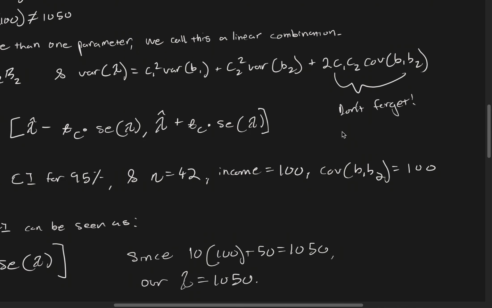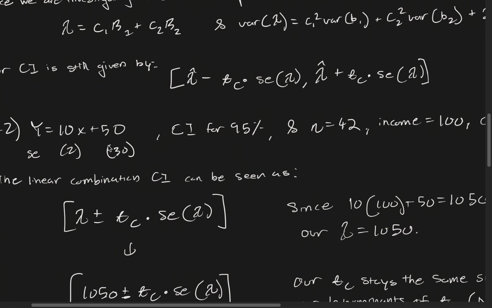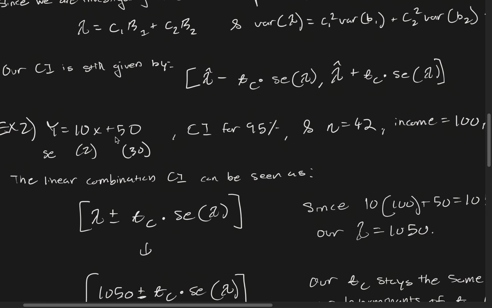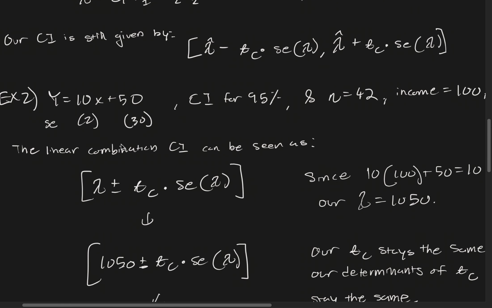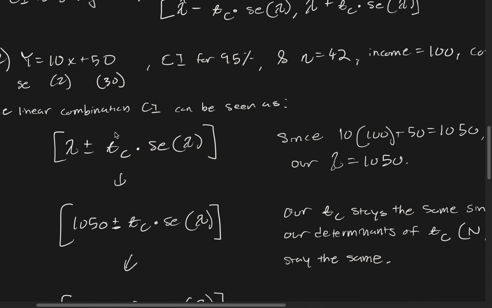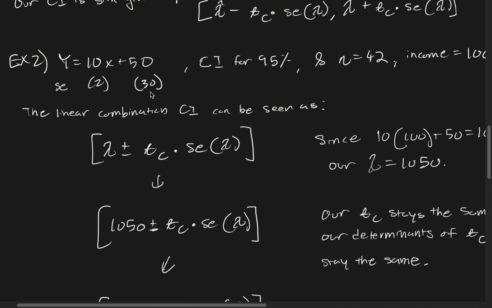Our standard errors were also given, so it makes sense why the covariance of beta 1 and beta 2 was given. The variances of beta 1 and beta 2 might be difficult to find, but I did give the formulas in the previous lecture. Nevertheless, the standard errors are given and then the covariance of beta 1 and beta 2 is given.